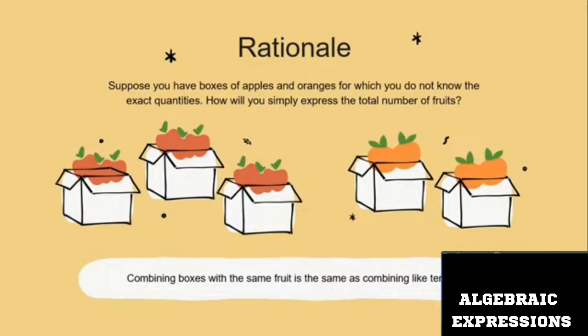Okay, so this grouping, or this bringing of similar objects into one box, is what we call bringing like terms together in algebra.